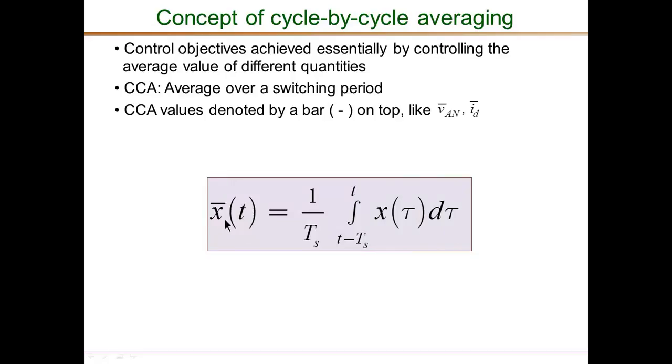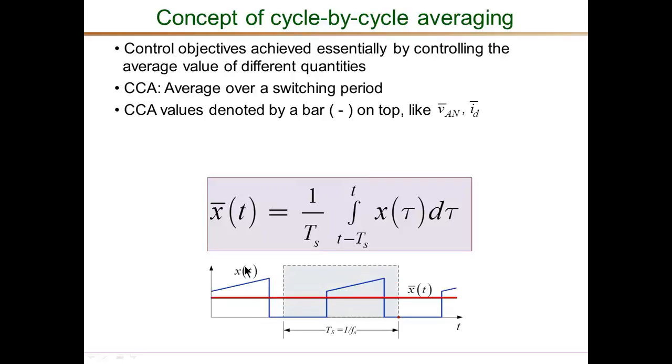The CCA of a time varying quantity x(t) is denoted by x bar of t, and is defined as: integrate x(t) over one complete switching period, starting from t minus T_s, where T_s is the switching period, up to t, and then divide by T_s to get the average over one switching period.